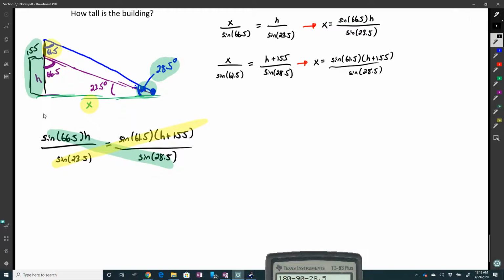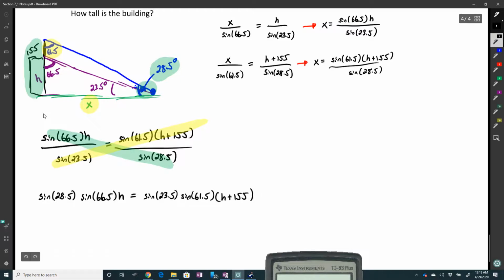So I have sine of 28.5, sine of 66.5, h, equals sine of 23.5, sine of 61.5, h plus 155. So what I'm going to do now is I'm going to get all of this, and I'm going to distribute it.